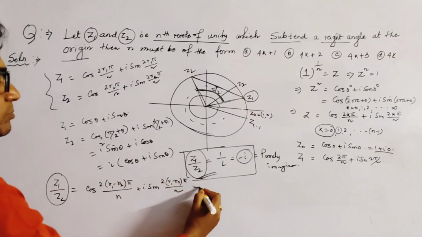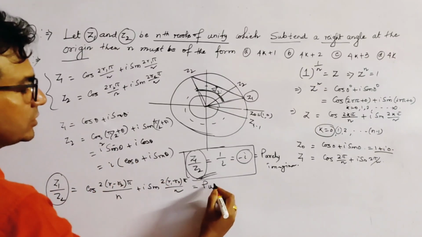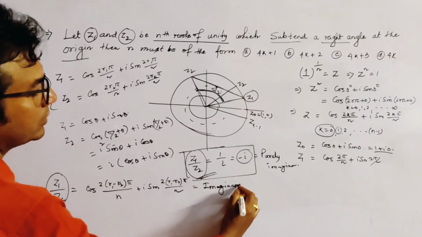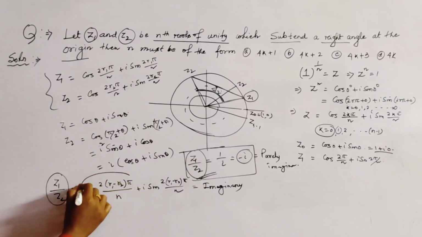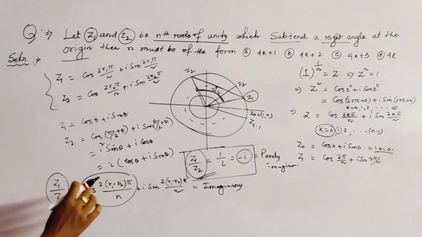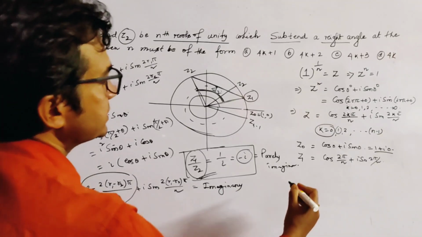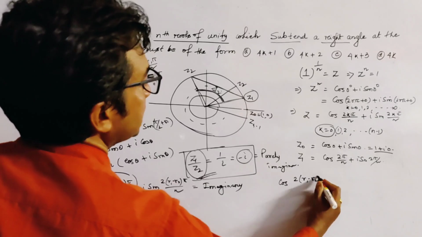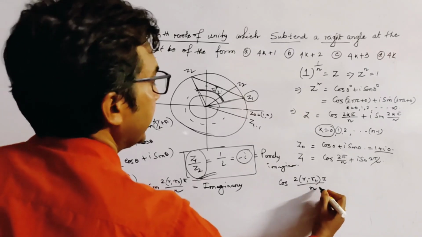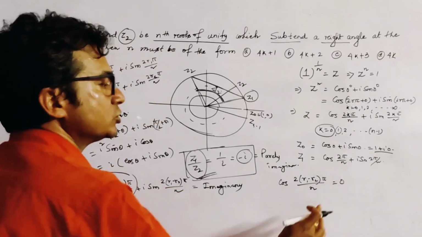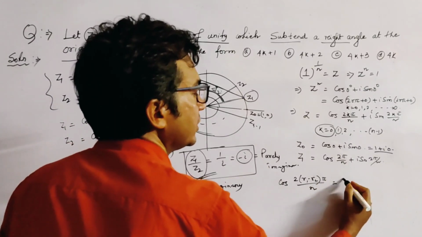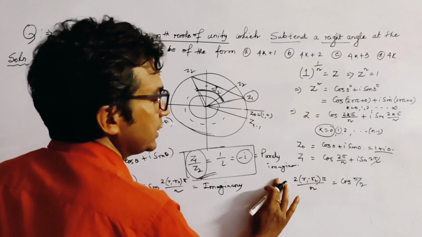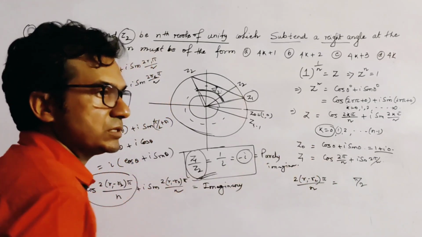Now this must be purely imaginary, only if the real term is 0. That is cos 2(r1 minus r2)π by n equals 0. So this must be cos π by 2, and this result gives that the angles are the same.